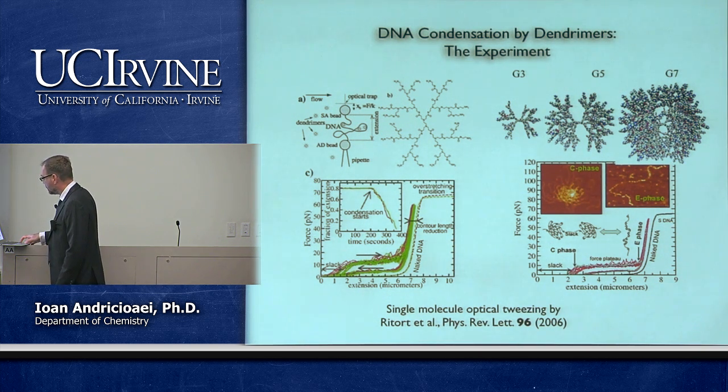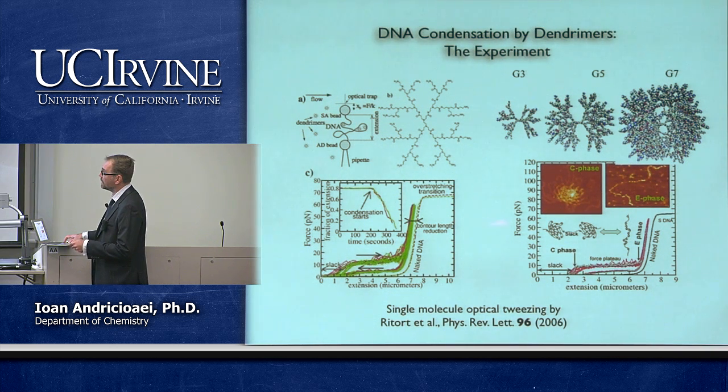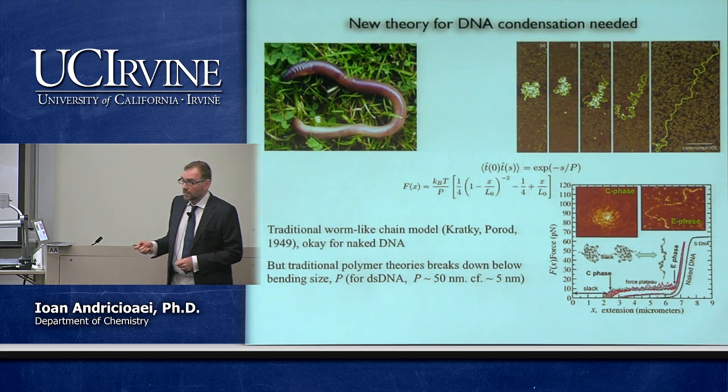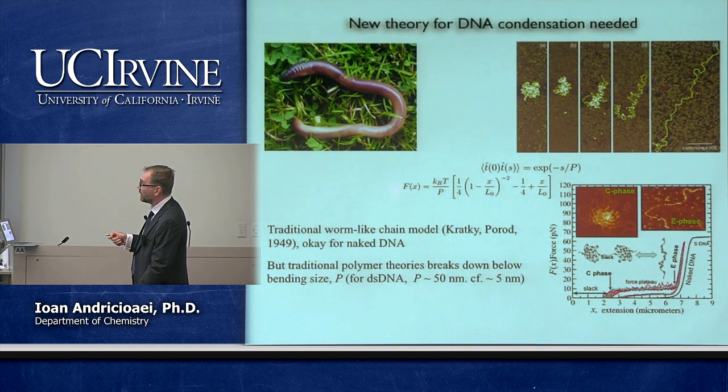Okay, now with this pressure versus volume diagram in mind, which is akin to the force extension diagram, let's go a little bit further. So the force versus extension diagram is very well described by this equation. This is force, F, versus extension, X. It's just a mathematical formula that involves a key parameter called the persistence length. You don't have to know what this is.